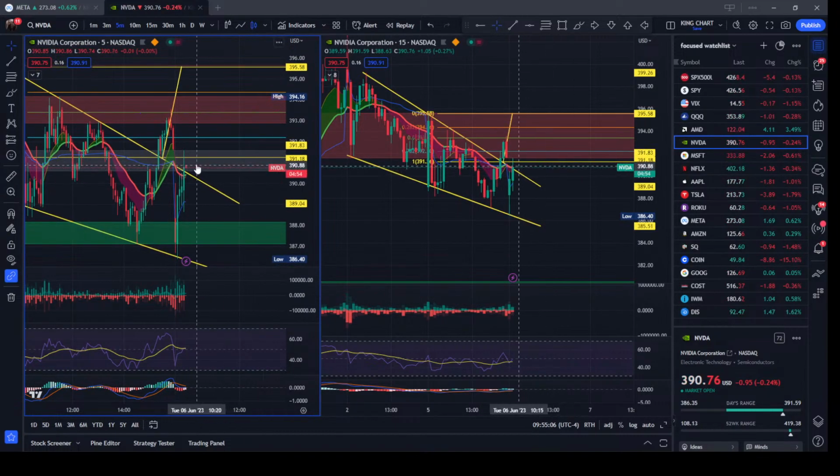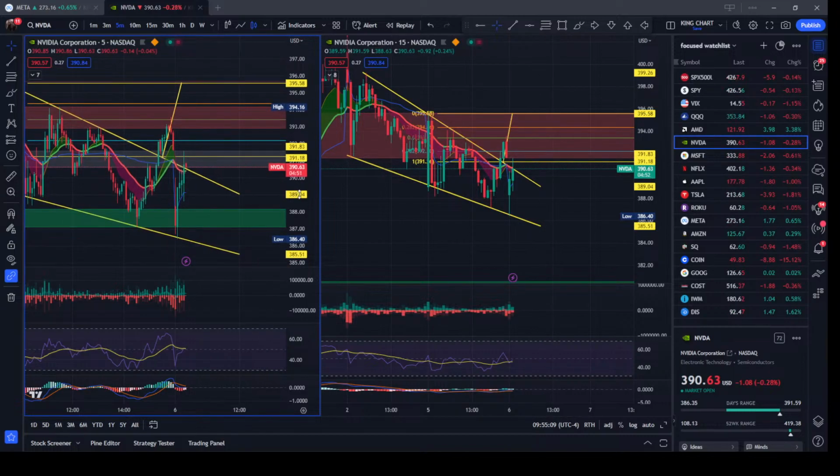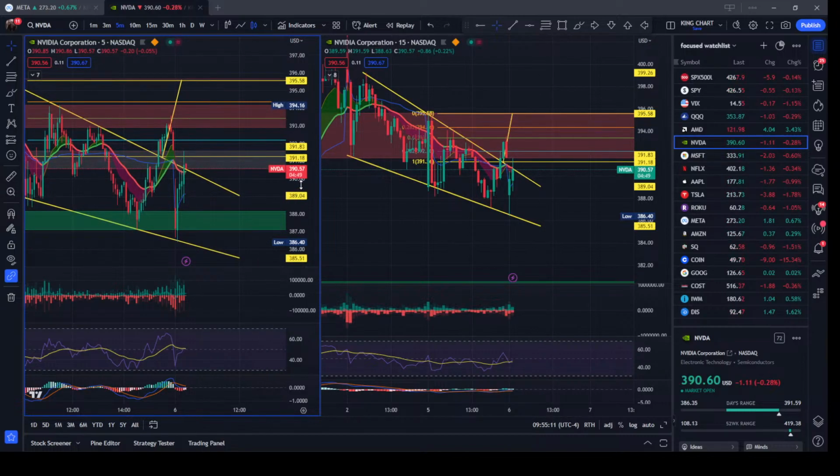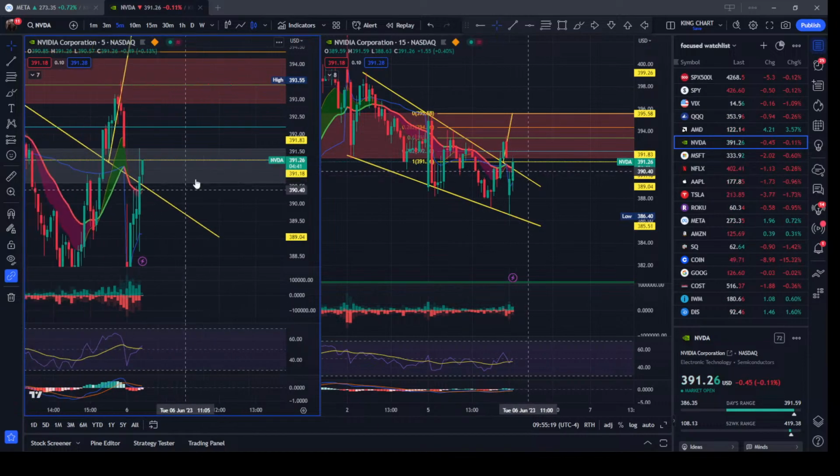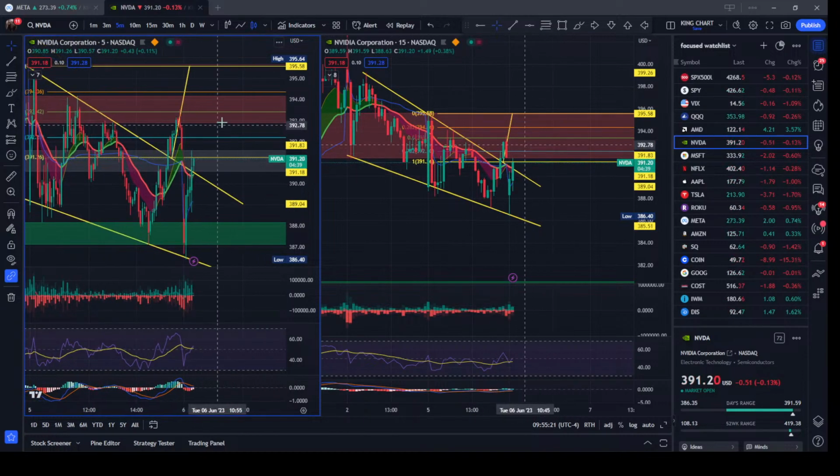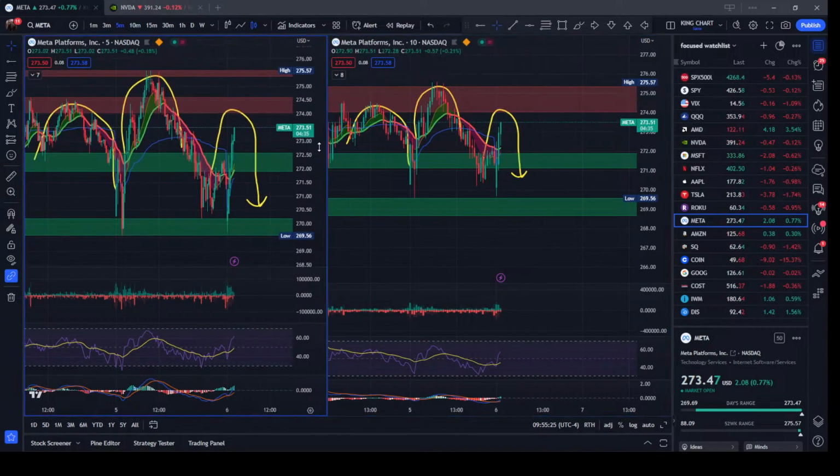So Nvidia calls really good here. Yep, there's a wick. Boom, right on top of our trend line. Freaking beautiful. And I drew this all in front of you guys, so there was no pre-planning, no nothing. I literally jumped on and started trading with you guys.